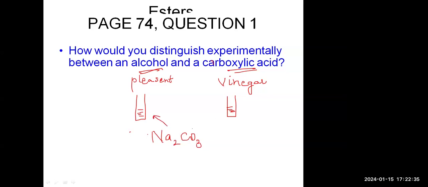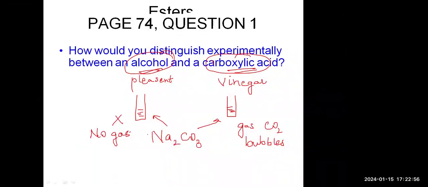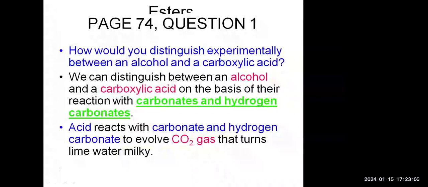In this test tube, you will see bubbles of carbon dioxide gas. But here, no gas is produced. So this is alcohol and this is carboxylic acid. Carboxylic acid will give carbon dioxide gas bubbles with sodium carbonate or sodium bicarbonate.